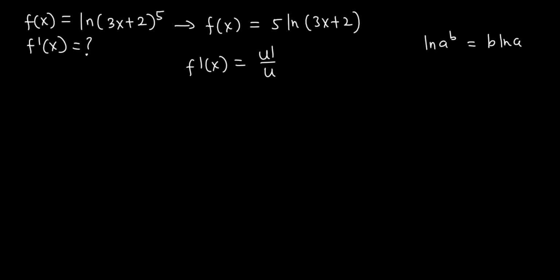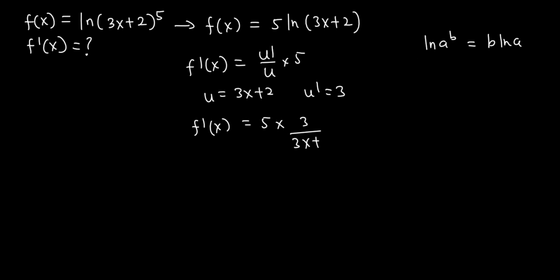We take u to be equal to 3x plus 2, and then u prime will be equal to 3. So let's do the substitution. f prime of x is equal to 5 times u prime, which is 3, divided by u, which is 3x plus 2. I'll multiply the 5 by the 3, and that will give us 15 divided by 3x plus 2.